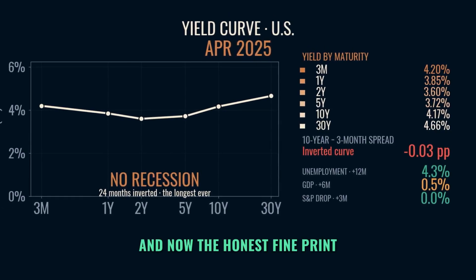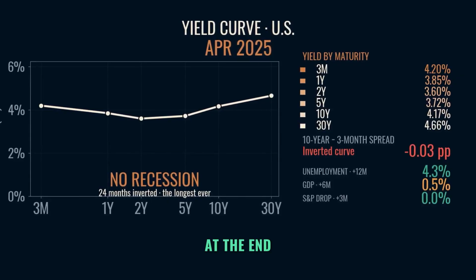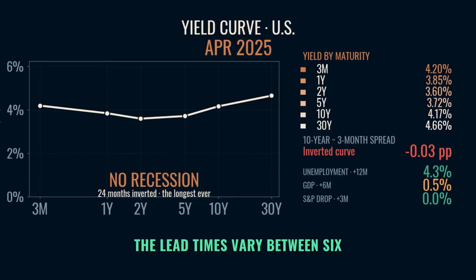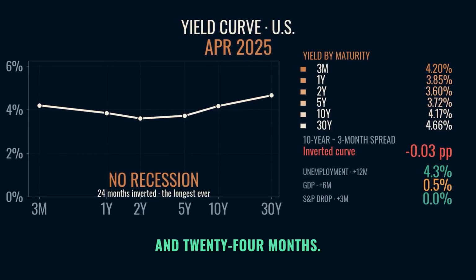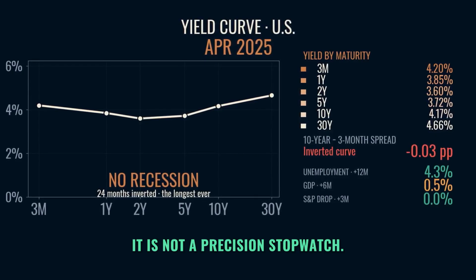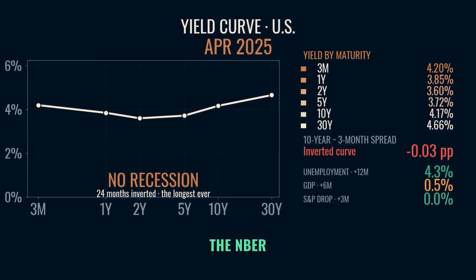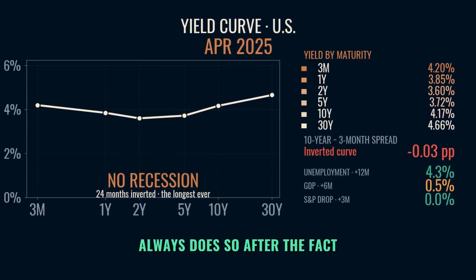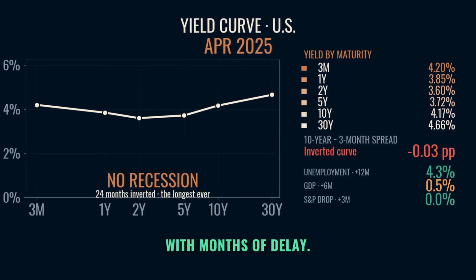And now the honest fine print, which goes only here, at the end, and never at the start. First, the lead times vary between 6 and 24 months. It is not a precision stopwatch. Second, the NBER, which is the body that officially dates recessions, always does so after the fact, with months of delay.